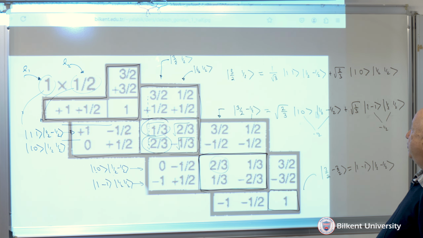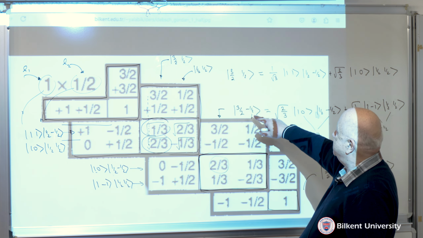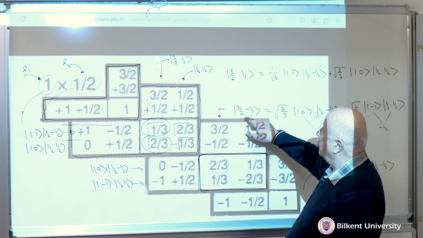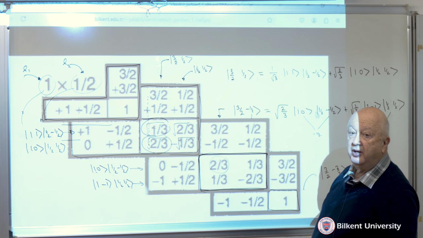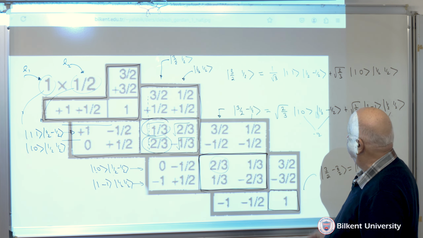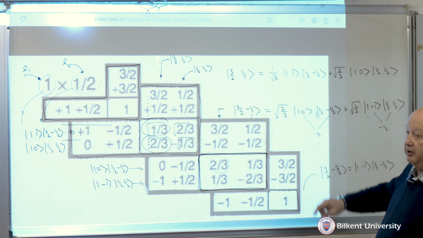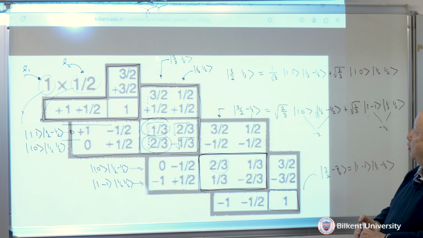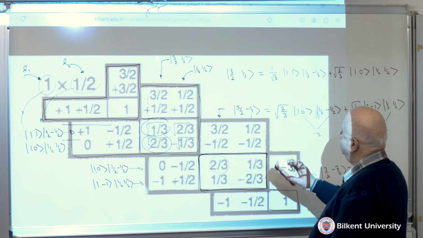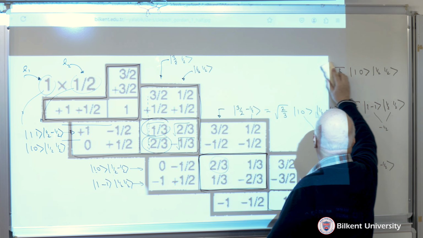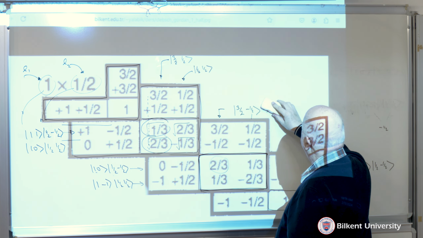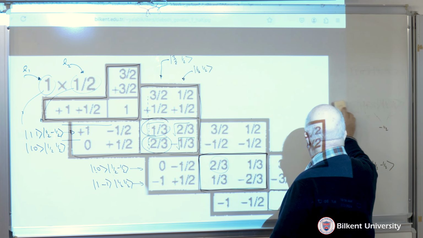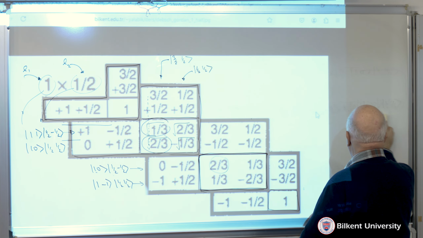Now, what we have done here is expand these total angular momentum states in terms of the outer product states. But because of the symmetry of these coefficients, I could have also done the opposite. Let me remove these things and go this time horizontally on the table instead of vertically.